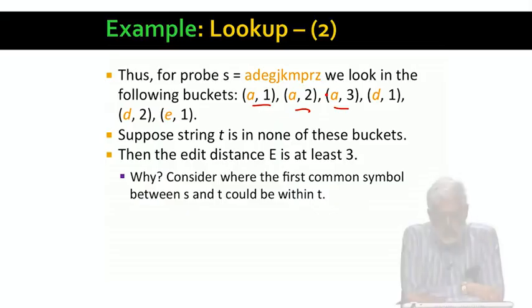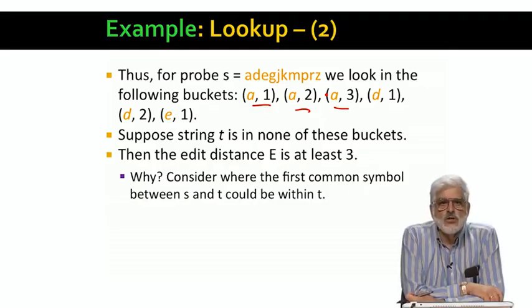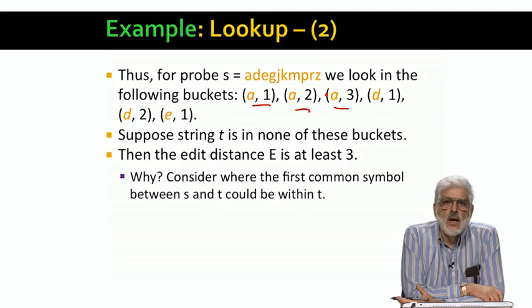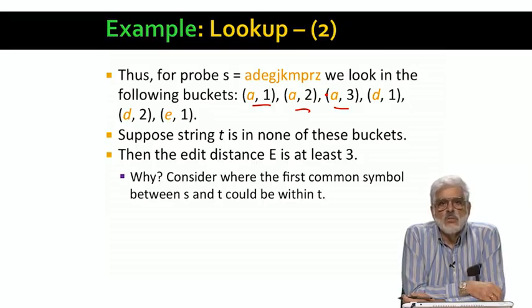If A is at least 4 positions back in T, then there are 3 symbols in T that precede A in the first symbol of S, and therefore these 3 symbols of T must be deleted to convert T into S.